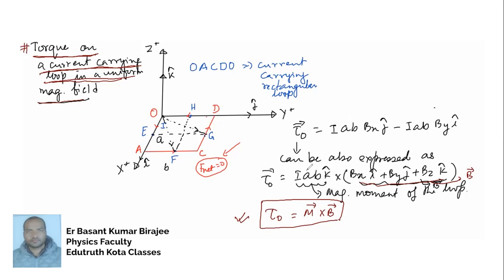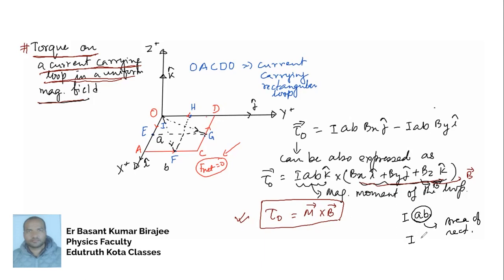And here, what does IAB represent? See, here you have current. A is one side of your rectangle, B is another side of your rectangle. It means this AB represents the area of the rectangle.